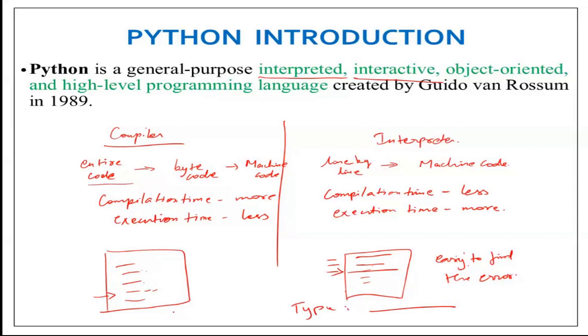Whereas here it will not be in an easily understandable way, except a few common errors like a missing semicolon or missing brackets. When you go to complex errors, Python gives a proper description so that you know this type of error occurs when we make a mistake in this area. Like that, you can identify it in a better way.